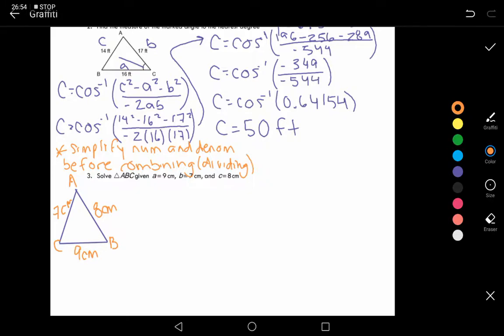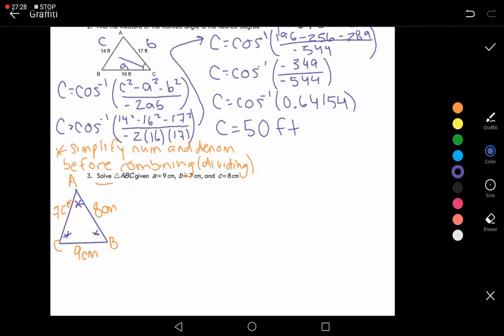Well, we could have seen that just from the question, but that means we are able to use our cosine law. Because it says the word solve, remember that means we need to solve this triangle completely, so we need to find all of these angle measurements. Because we're working with angles, we're going to use that second equation arrangement, the modified one, so that we don't have to do any sort of rearranging.